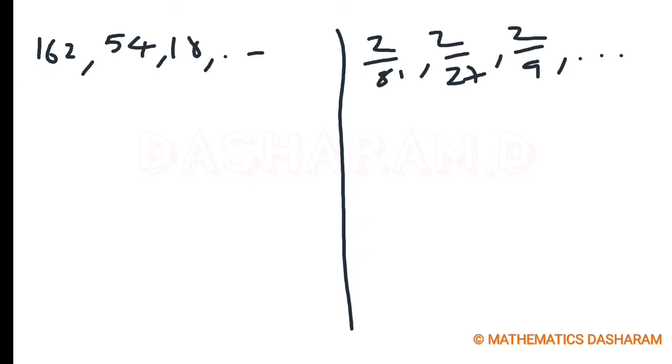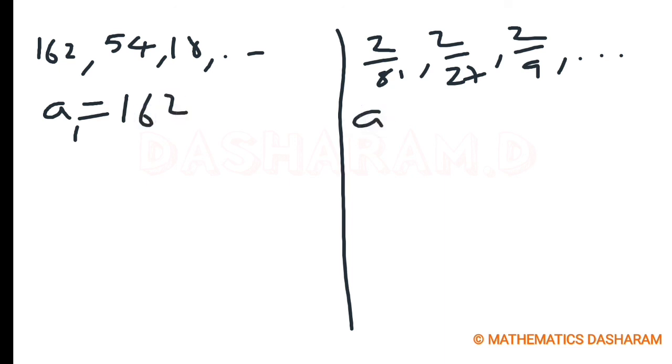So let's find the first term and common ratio in both geometric progressions. In the first geometric progression, the first term is A1, equal to 162.